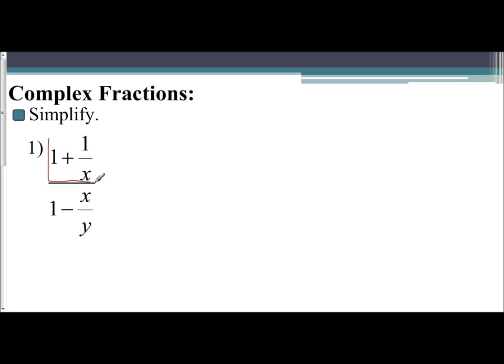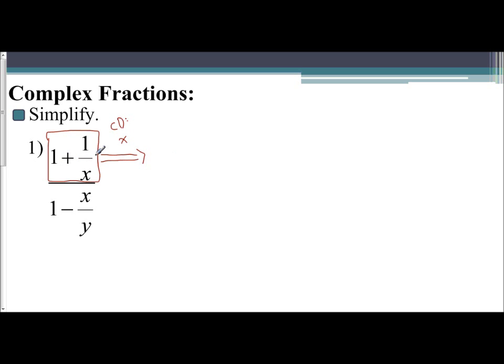Let's just simplify this numerator first. Let's just visually focus inside this box. So let's add these two expressions, which means I want to find what my common denominator is. I have 1 plus 1 over x, so the common denominator is just x.